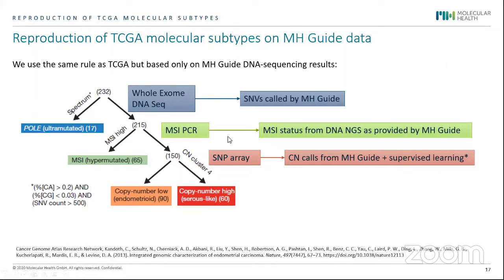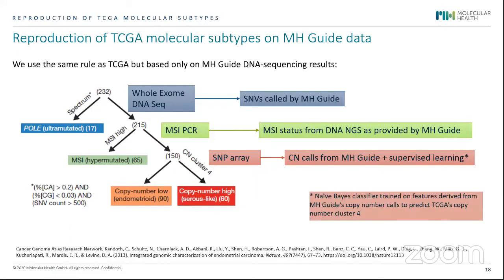The MSI PCR results we replaced with the MSI status that we call within MHGuide from DNA NGS, and also the copy numbers we call within MHGuide, and we trained a supervised classifier, a naive Bayes classifier actually, on the copy number 4 cluster of TCGA to predict this cluster basically. And using these parameters, we try to reproduce the classification.